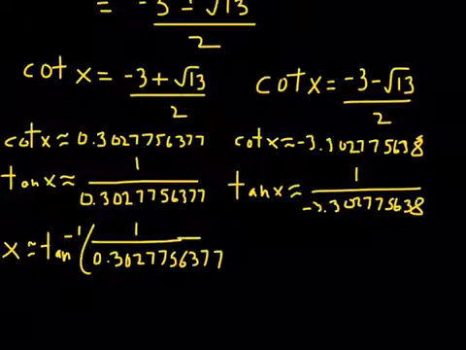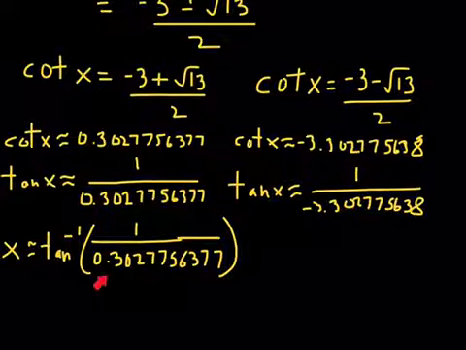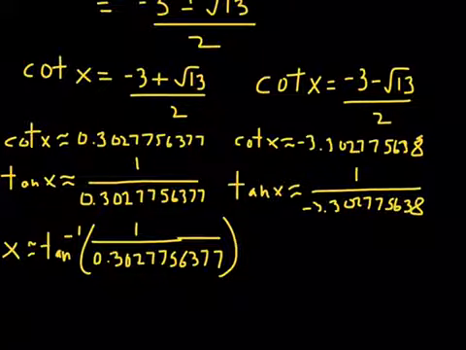Notice that this is a positive number, right? 1 over 0.3, this is a positive number. So the answer we're about to get in radian mode is going to be in quadrant 1.